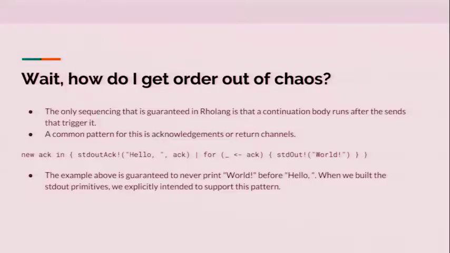Those of you that are familiar with callback disciplines, this is what you do. In order to make something act like a function, you have to pass in a return channel, and then you have to have a separate receive that says, okay, when something comes back, this is what I do. That's how you would translate things that are function-based into Rholang: you would use a return channel.